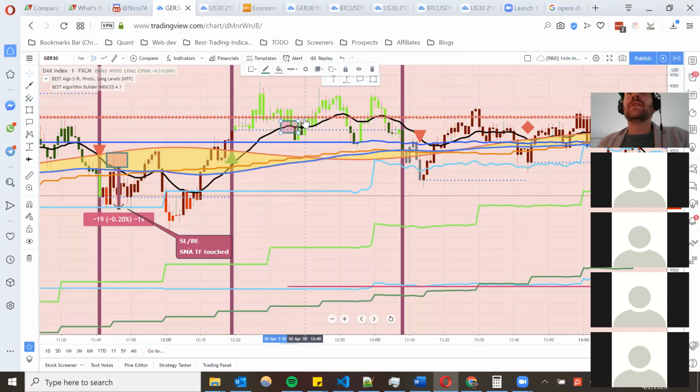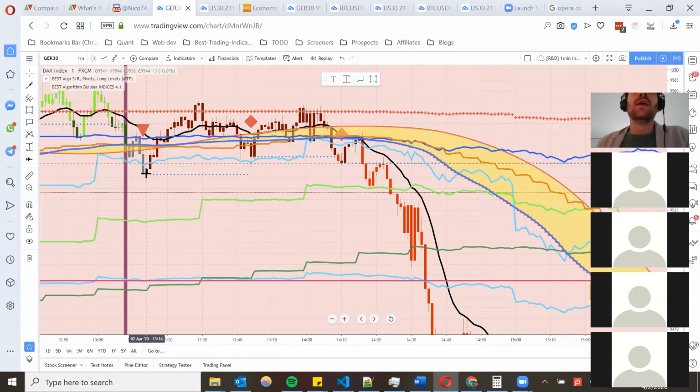The perfect entry is here, and then after 5 pips or 2 pips, like when we get here, you should set your stop loss to break even, and then next. Okay, this one is fun.